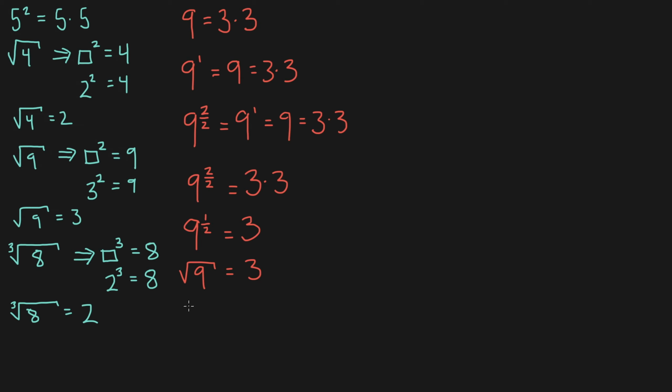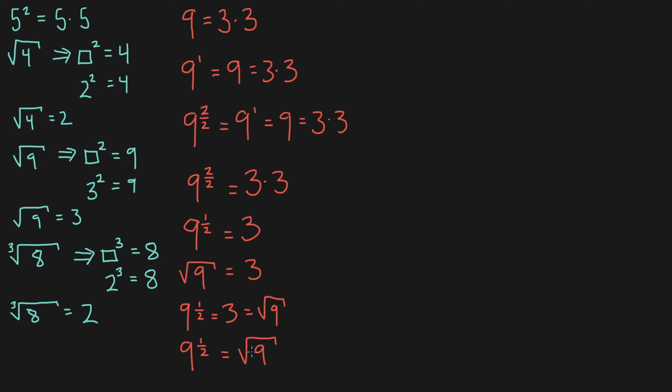So if 9 to the 1/2 power is equal to 3, and 3 is also equal to the square root of 9, then we can remove this middle 3 here and just say that 9 to the 1/2 power is equal to the square root of 9.